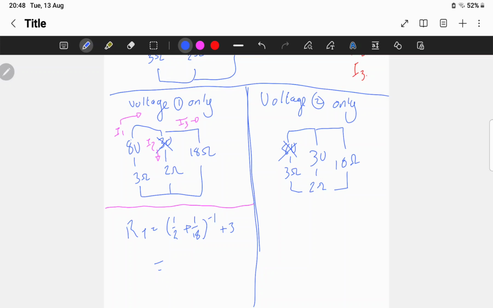Let me get my calculator quick. (1/2 + 1/18)^-1 + 3 equals 4.8 ohms. That's our total resistance, right?